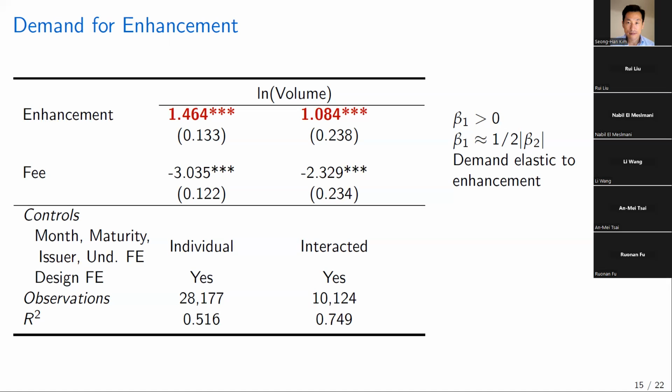So you are thinking of a story where it helps with the economic interpretation of these coefficients. Do I understand correctly? Well, I'm actually thinking about whether the estimates are consistent with optimal behavior by the issuer.